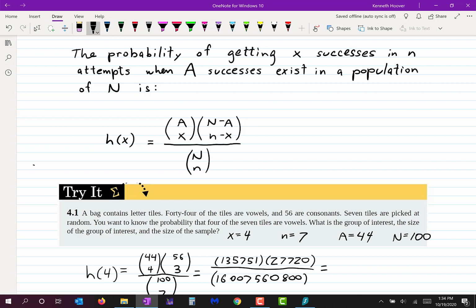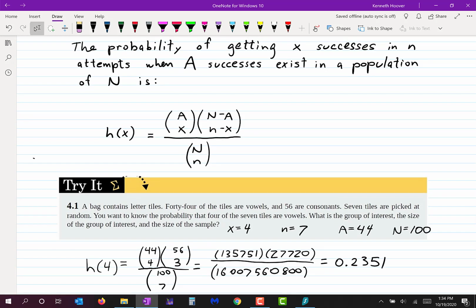Sorry, give me a second to get caught up here. I wasn't typing where I thought I was. Okay, divided by 16 billion 7,560,800. And our answer to 4 decimal places is 0.2351. Okay. If you have any questions on that, just let me know.